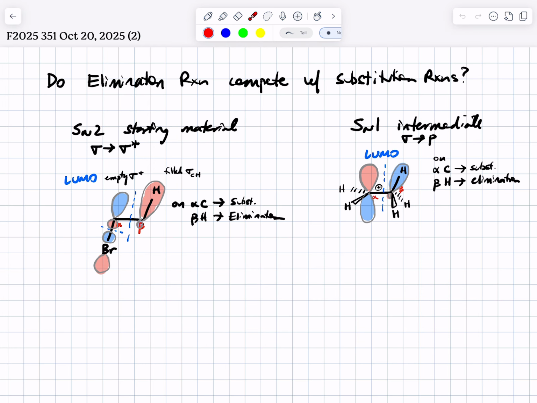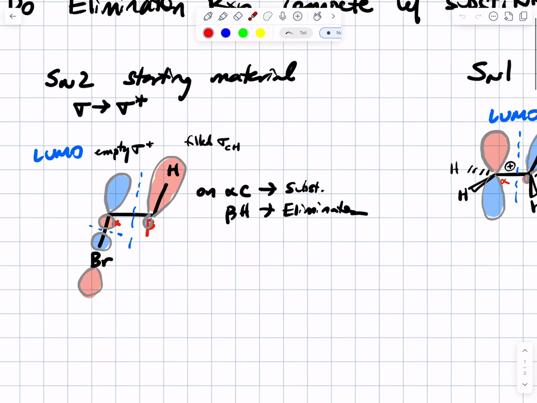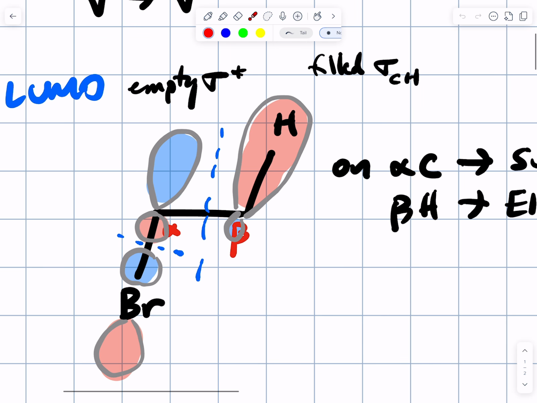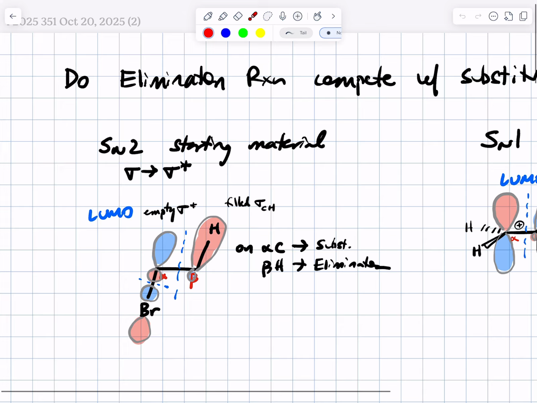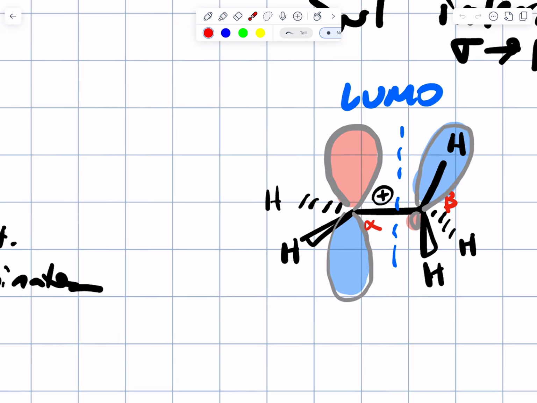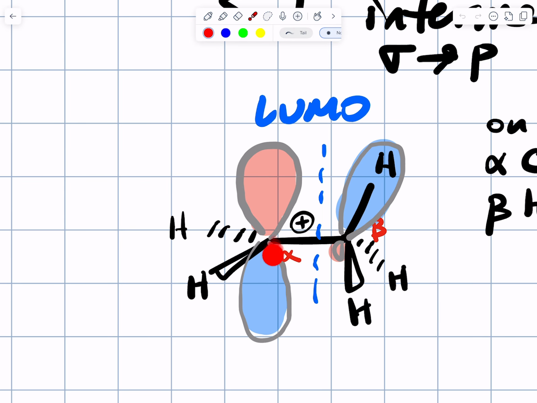So if you were to look up what the LUMO looks like for this alkyl halide, you would see that most of it is the sigma star, but there's some additional LUMO on the adjacent hydrogen. And this is how it looks, okay? And then if you were to do the same with the carbocation, you would see that most of the LUMO is the empty p orbital, but then some of it's on the adjacent hydrogen.